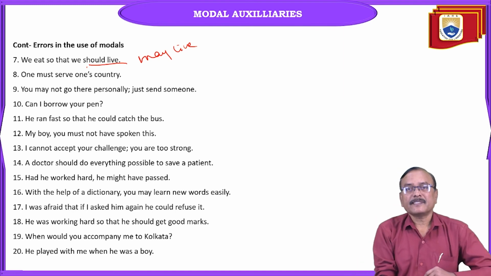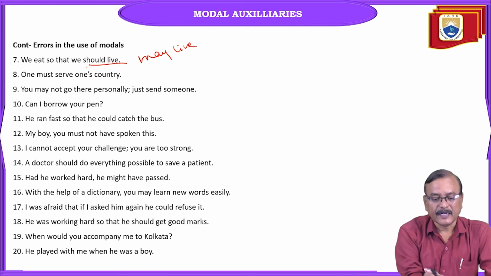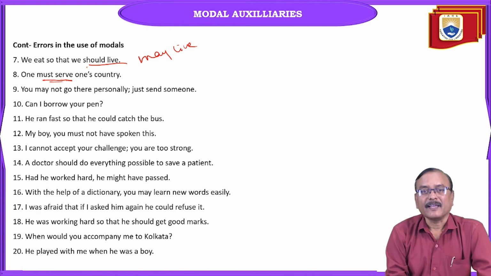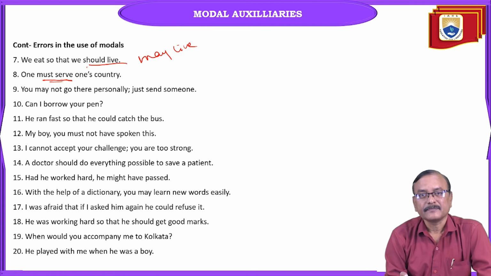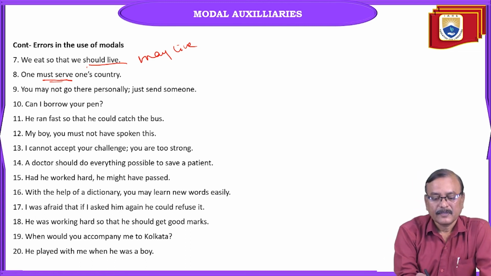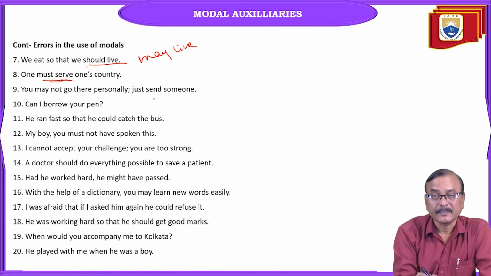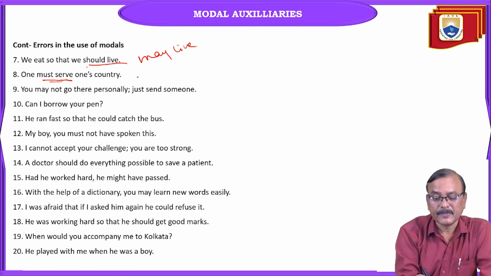Next, "One must serve one's country." "One must serve" is wrong here. Okay. It is not compulsion. Must indicates compulsion. Okay. So here, you better say it is moral responsibility. For moral responsibility, better use ought to.